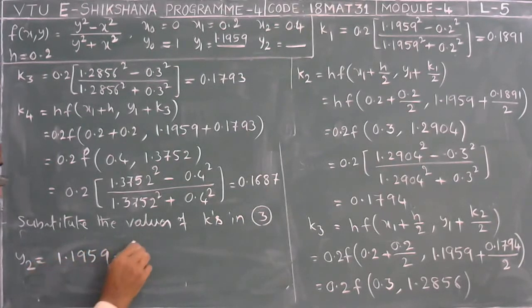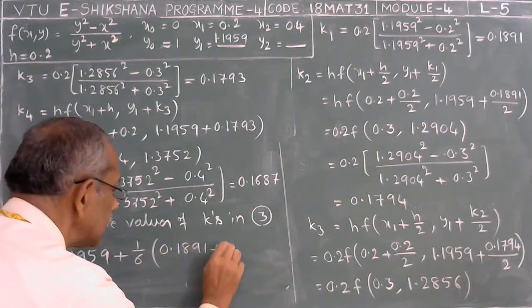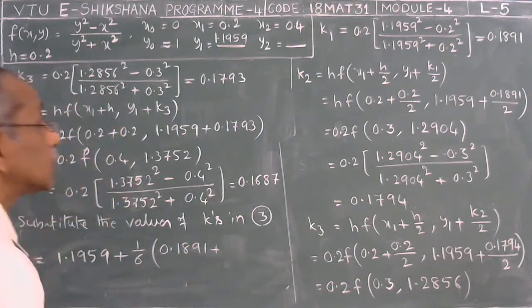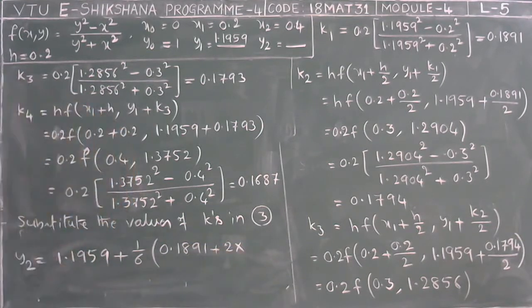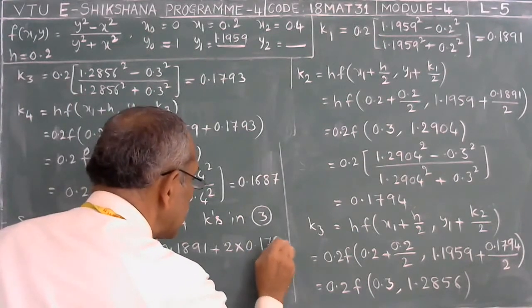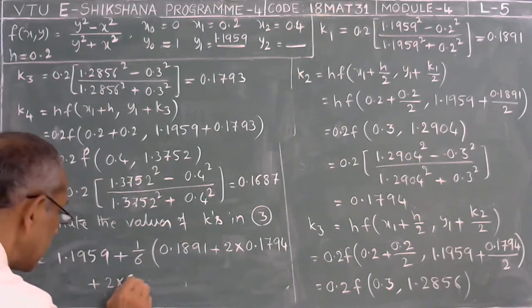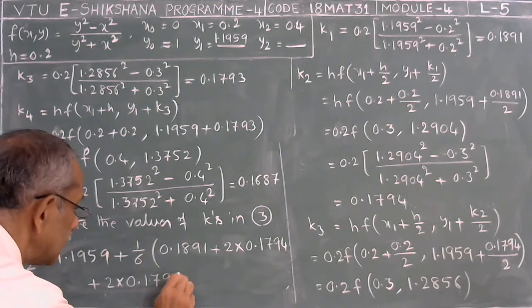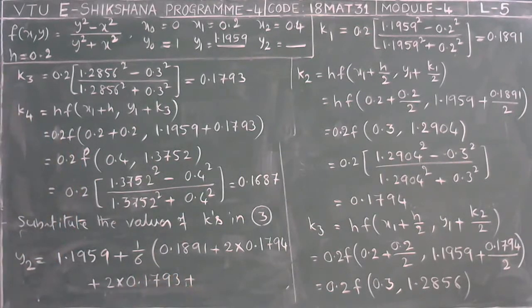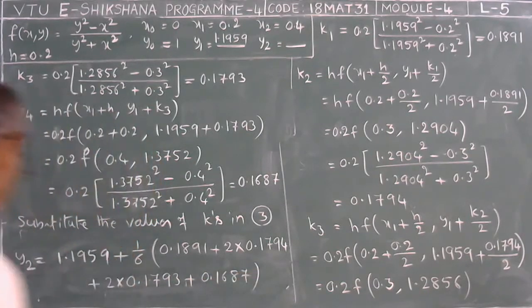y1 is 1.1959 plus 1 by 6 into k1, which is 0.1891, plus 2 times k2, which is 0.1794, then plus 2 into k3, which is 0.1793, plus k4, which is 0.1687.